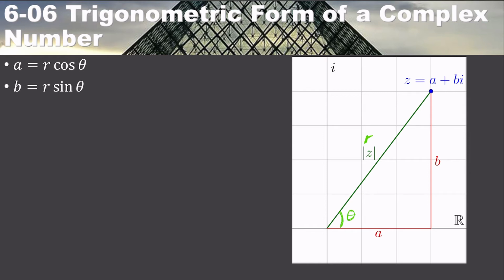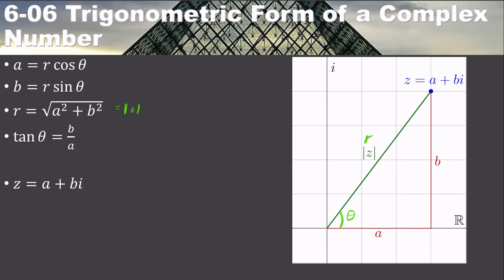And r would be the square root of a squared plus b squared, so I'm letting that be the absolute value. And tangent of the angle would be b over a.